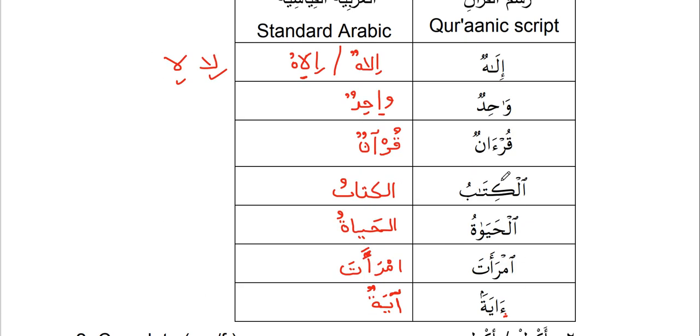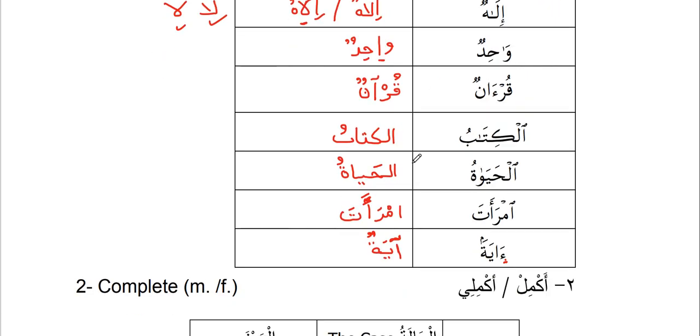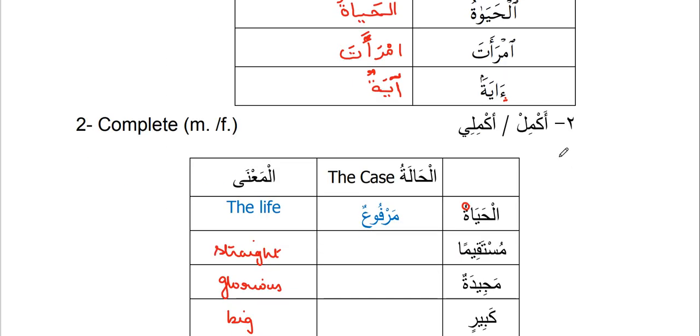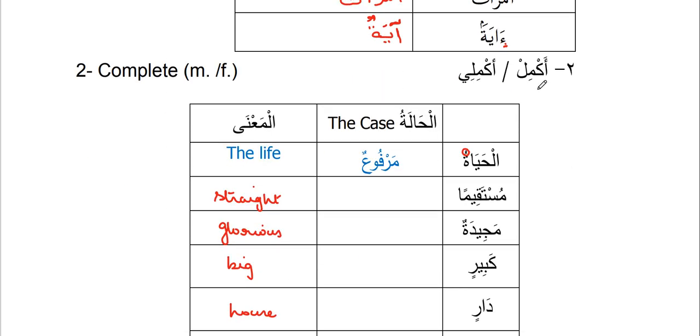And in question number 2, akmil. Akmil means to complete. This is the command for male, and akmili the command for female, because there is a sign of femininity here. So you have to give the cases.